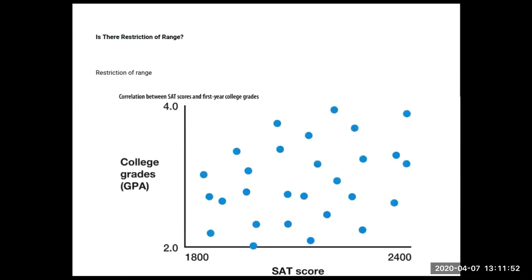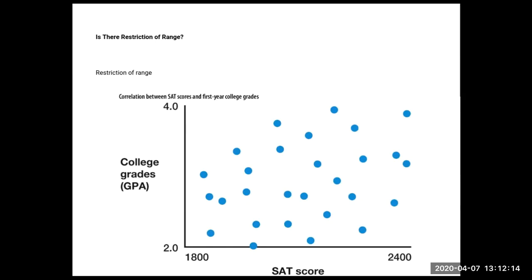So again, is there a restriction of range? Here, it's going from 1800 to 2400. If you know that the test goes from 1000 to 2400, then you know that the range is being restricted and that it might not be as steep a slope if you were to take into account all of the data. Here, from 1800 to 2400, you see a sharp incline of GPA.